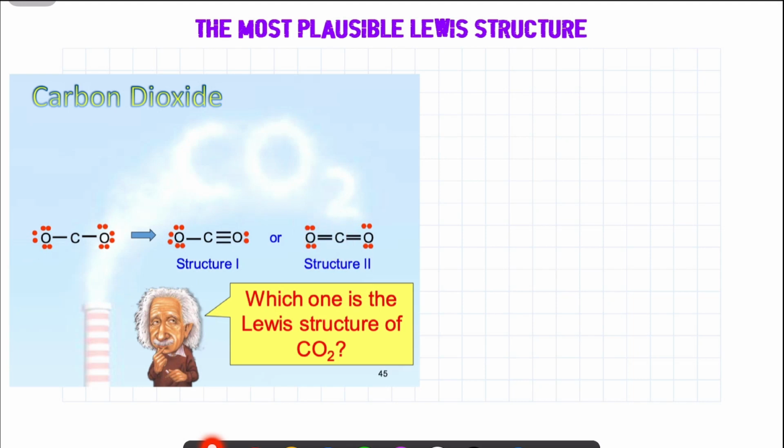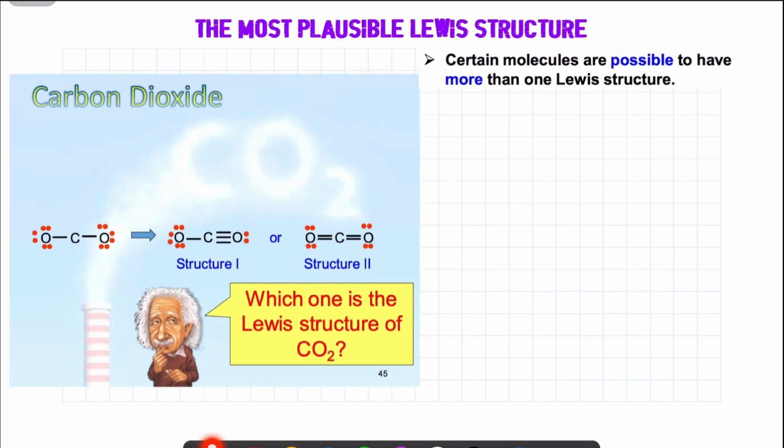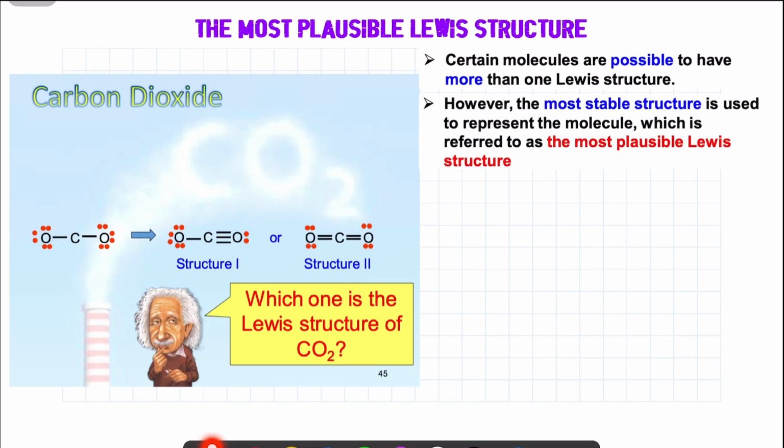So for carbon dioxide, there are 2 Lewis structures, but which is the most plausible Lewis structure? The most plausible Lewis structure, we refer to the most stable structure that represents the molecule.